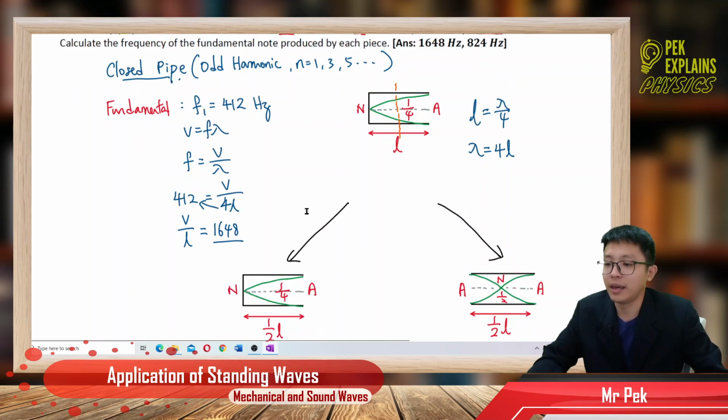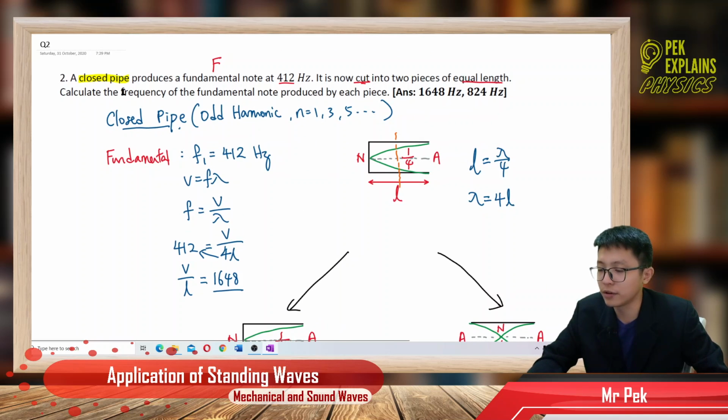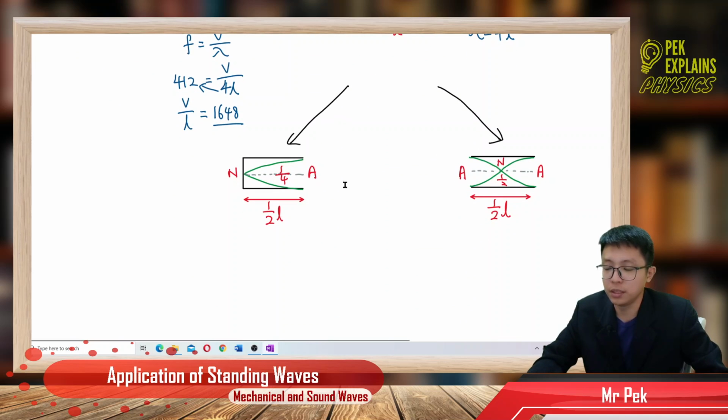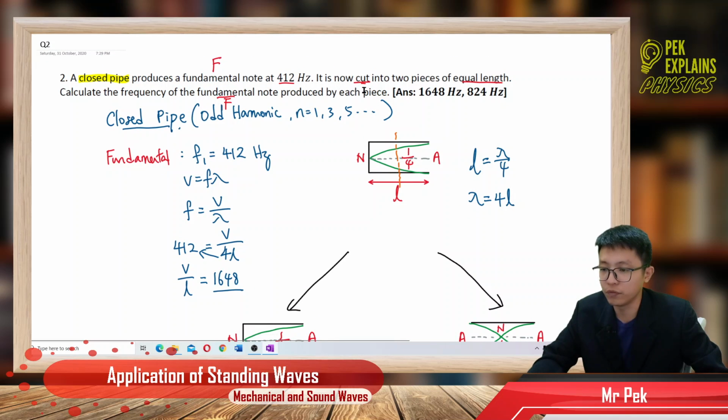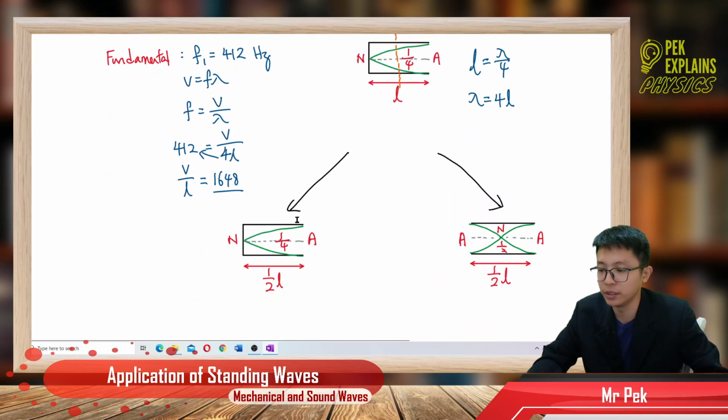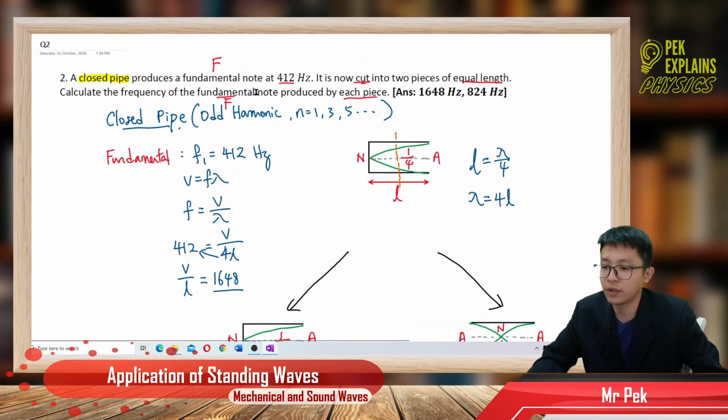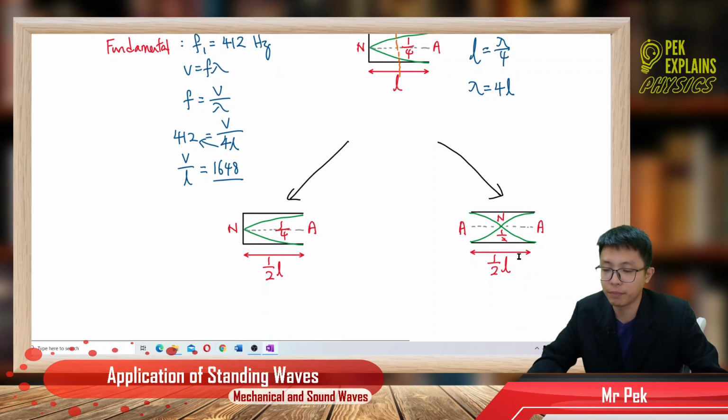And he asks what is the frequency of the fundamental mode of each piece. That means for each piece we want to find the fundamental mode, so I want the fundamental mode of the new closed pipe and also of the new open pipe.